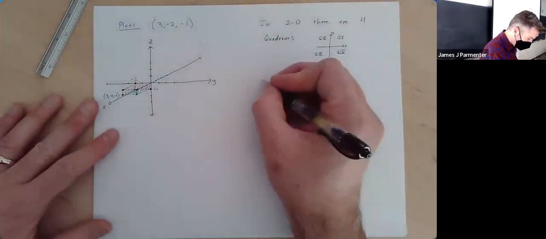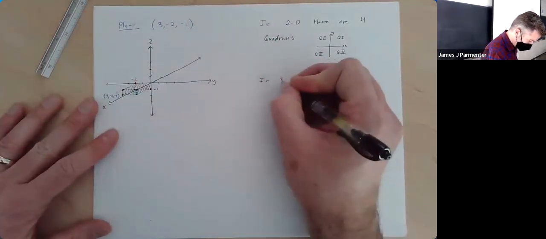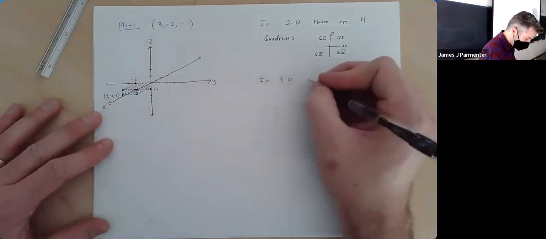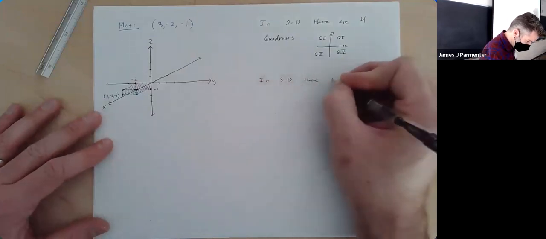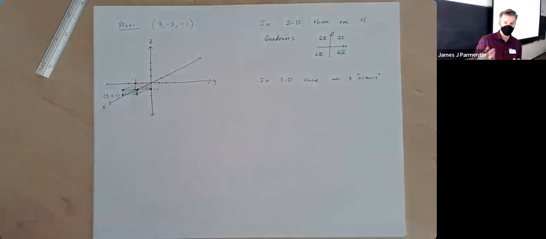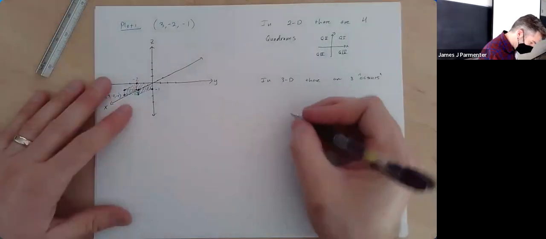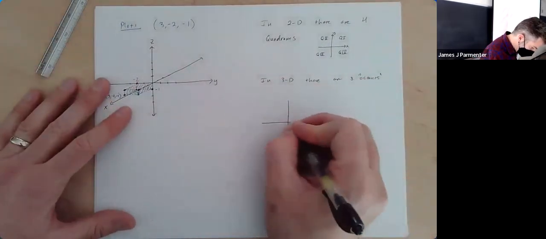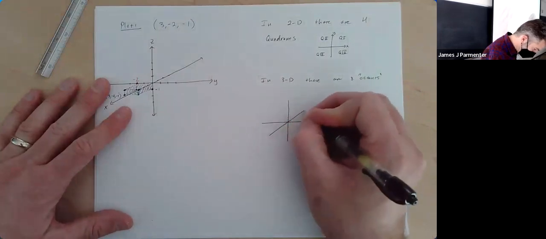In 3 dimensions, we have a similar idea, kind of. So in 3 dimensions, there are 8 octants. Just like a quadrant is 1/4 of the whole thing, an octant is 1/8 of the whole 3-dimensional space. And so typically, when we talk about these octants, only one of them gets a name.